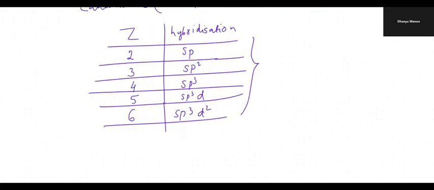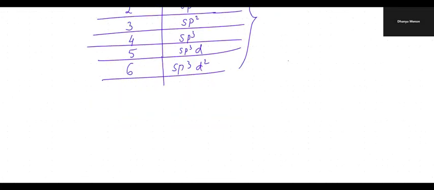Suppose I have SO3, sulfur trioxide. Suppose the structure is given to you. You can see that there are three double bonds.